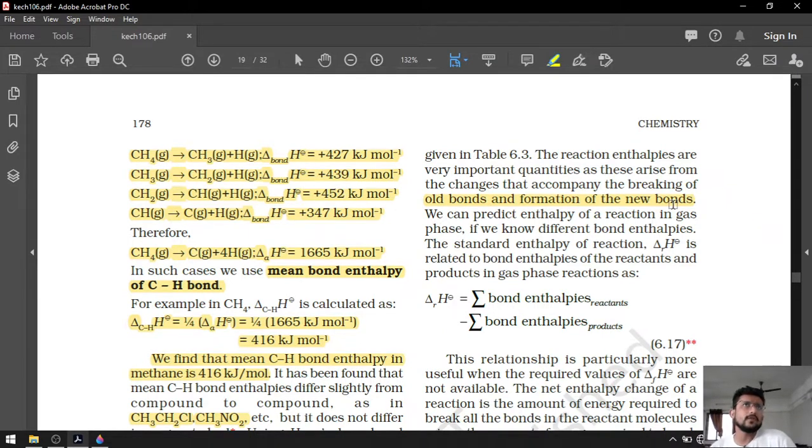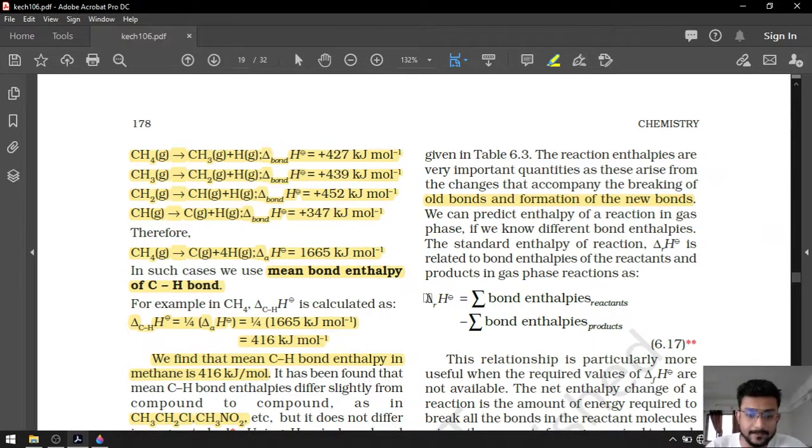Addition of all the formation enthalpies of the products minus addition of all the formation enthalpies of the reagents. Now this formula will be opposite for bond enthalpy because in formation enthalpy we are making bonds, so product minus reagent. Now we are breaking bonds, so it will be reagent minus product.